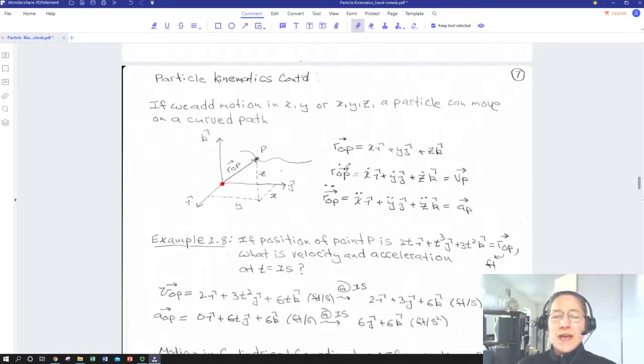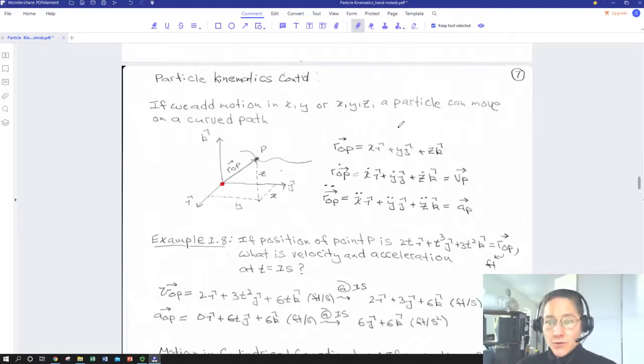We can look at the velocity, or r_OP vector dot, which is the velocity of point P with respect to the origin, as just our speeds in the x, y, and z directions, and acceleration as the second time derivative of our positions x, y, and z.